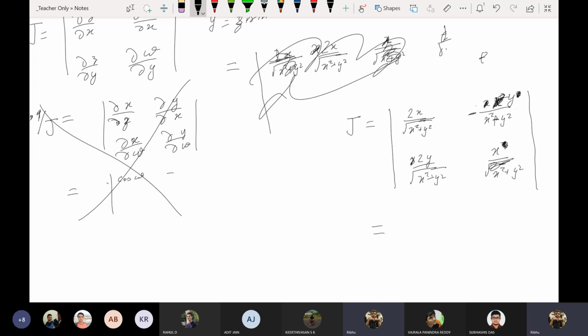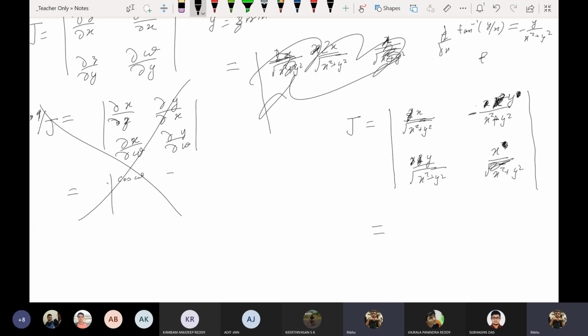d by dx of tan inverse y by x will be minus y by x square plus y square. Yes. And this 2 will cancel out because there's a half there. Fine.